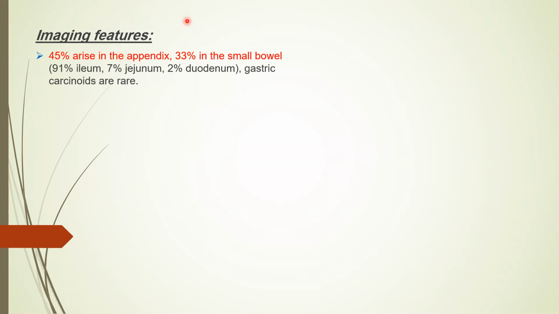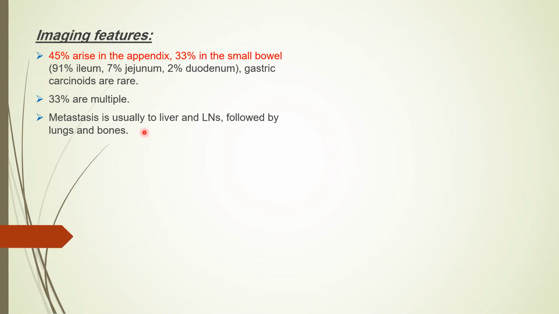Well, the most common type detected on imaging is the small bowel carcinoid, which constitutes 33% of GI carcinoid. The most common site is the ileum, and it is rare in the jejunum or duodenum, and the stomach is also rare. One third are multiple.